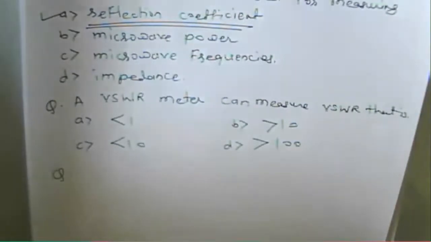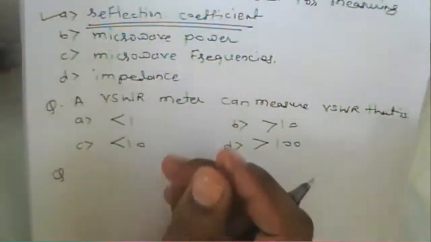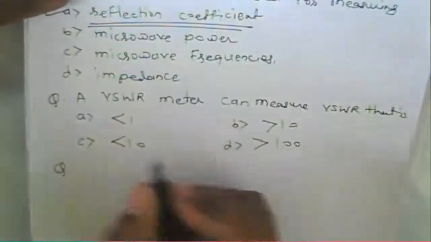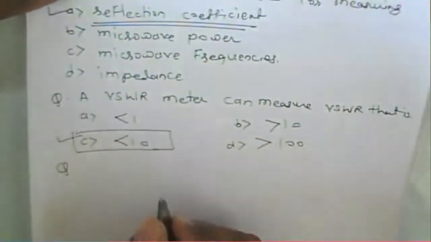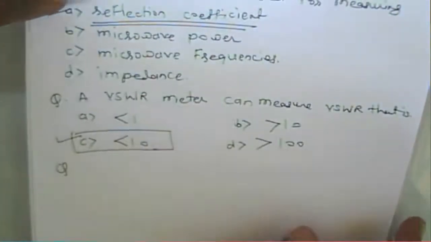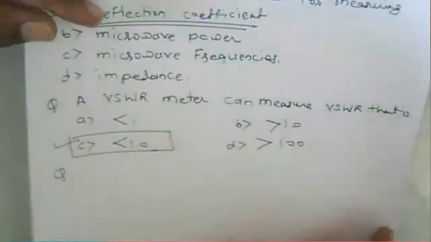A VSWR meter can measure a limited VSWR. Another person says C now. These are the two persons we have received saying the answer is C. Okay, now it is correct.